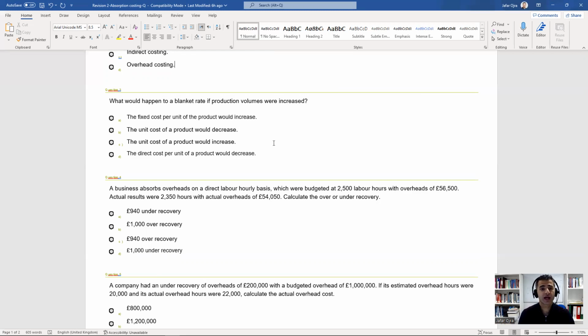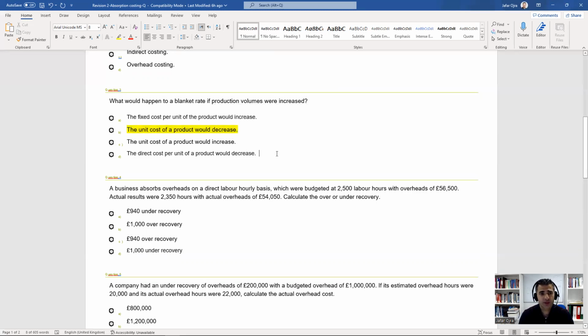So if the production volume increased, what would happen? Of course the cost per unit will be less. So the answer is B.